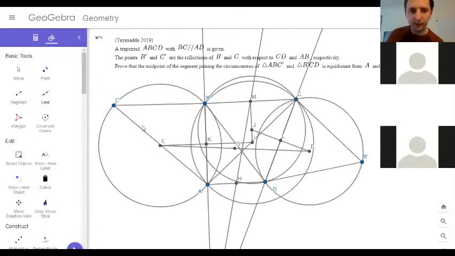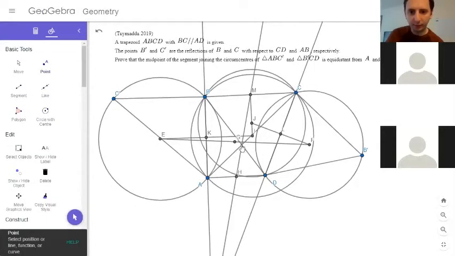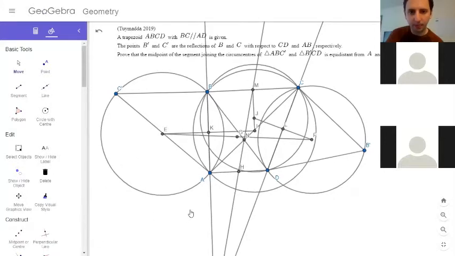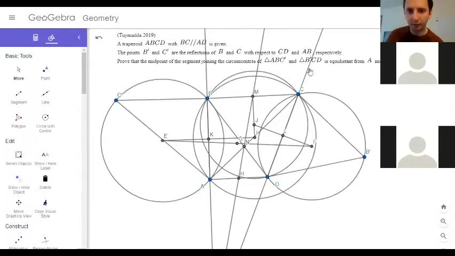So BD, AC, and HM actually have to concur at a point by Ceva. Maybe that would help. Are they the reflections of E and F across AB and CD? Yes, actually, they are the reflections of E and F across AB and CD.